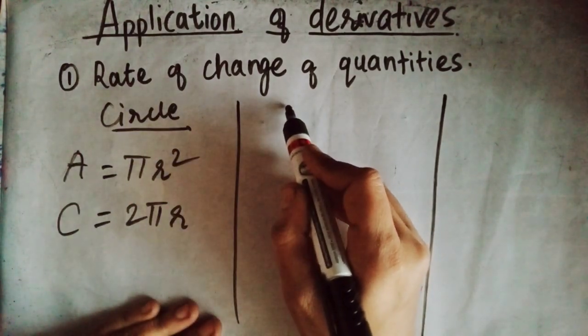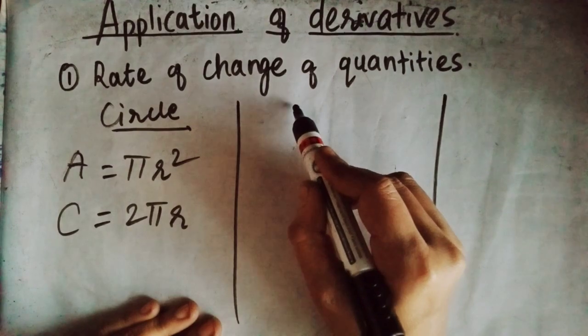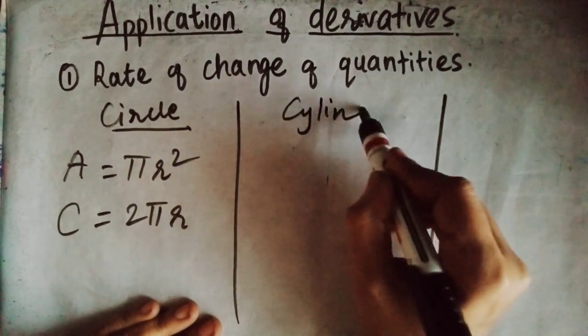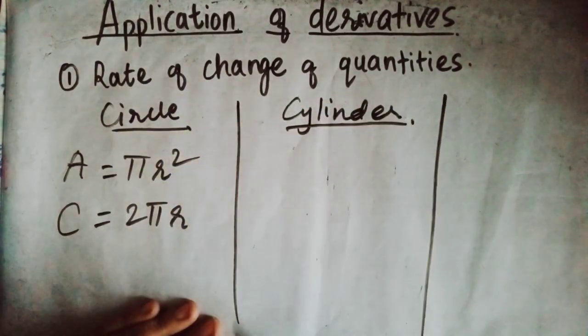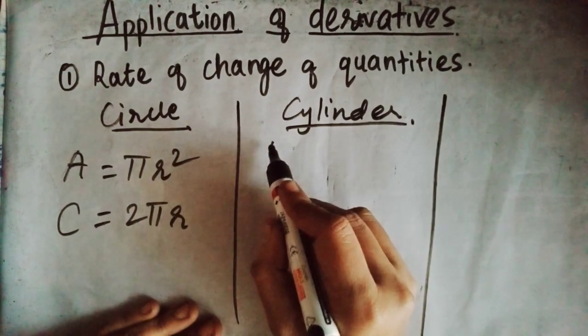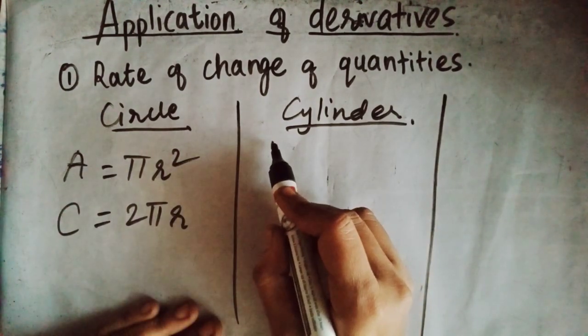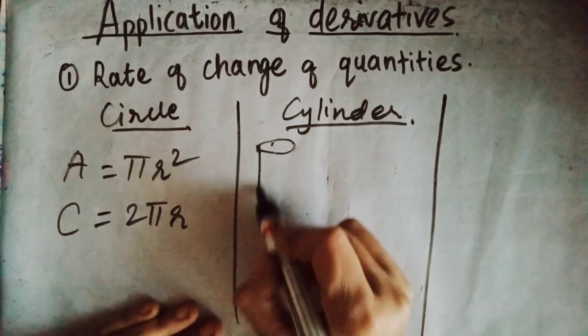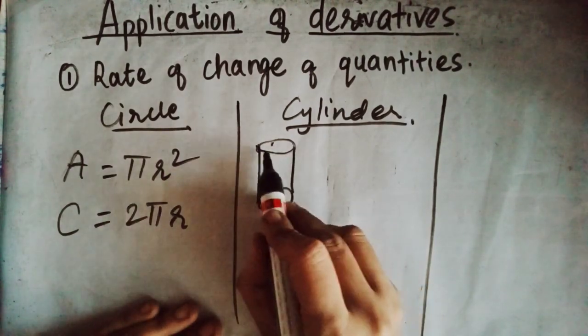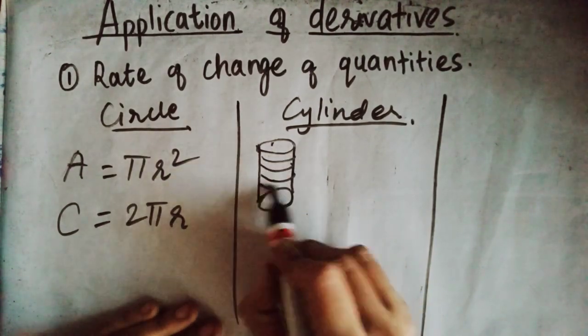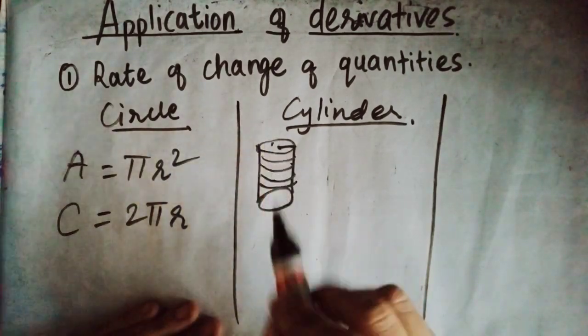Then if you have, say, cylinder. It has two areas, that is a curved surface area, and curved means this part, and total surface area.